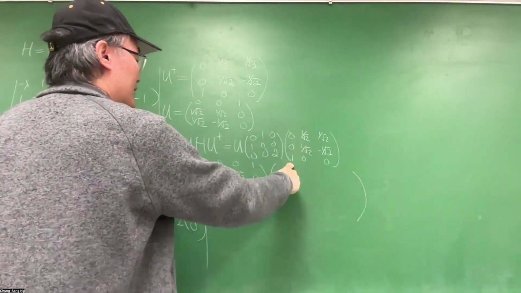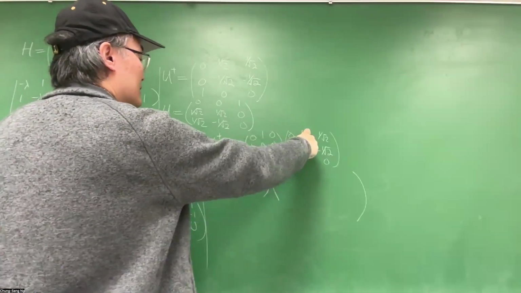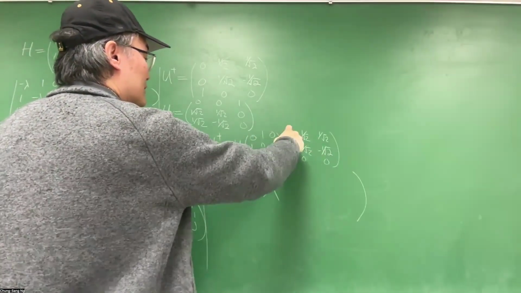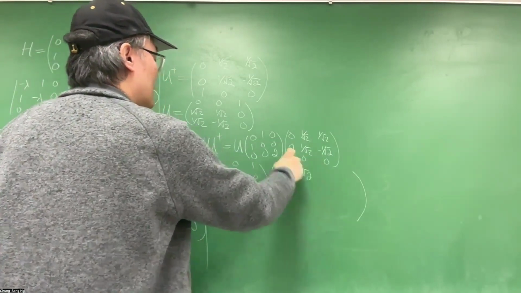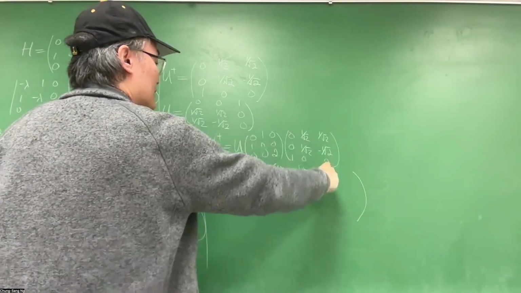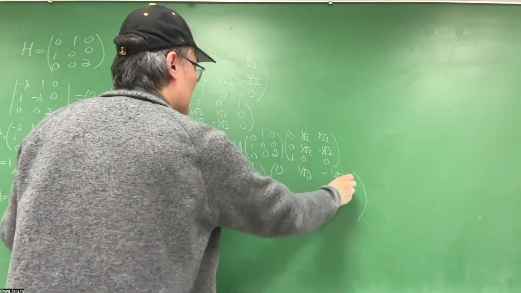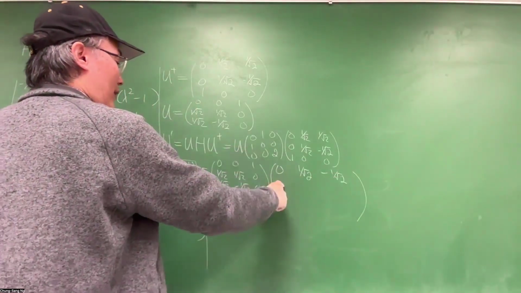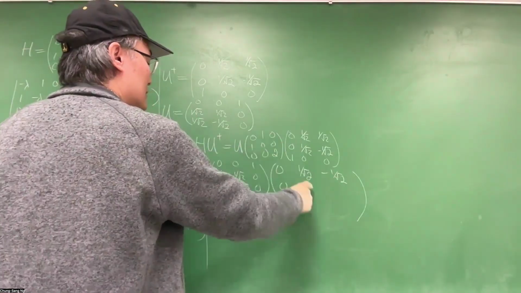And then this is the product of this one, so now you just need to do a matrix multiplication. This times that is 0, right? And this times that is just 1 over square root of 2. And then this times that is minus 1 over square root of 2, right? And then this one, this times that is 0.